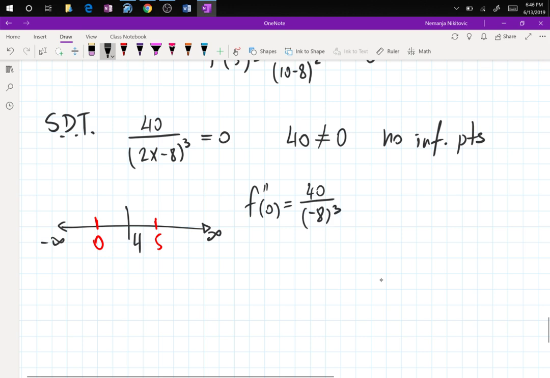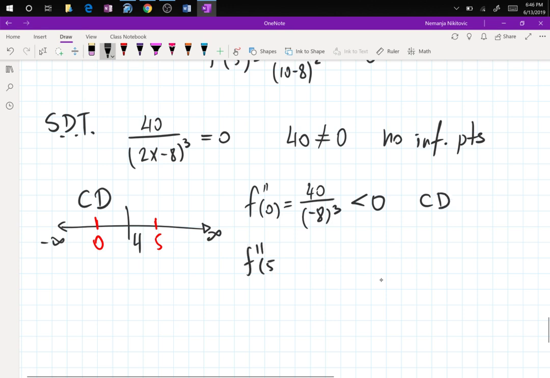All right, so cubes will preserve that negative because it's negative 8 times negative 8 times negative 8. That's 3 negative 8s. That's an odd number of minus signs, which means what? Negative. Fun, no? So concave down because the second derivative on that interval worked out to be negative.